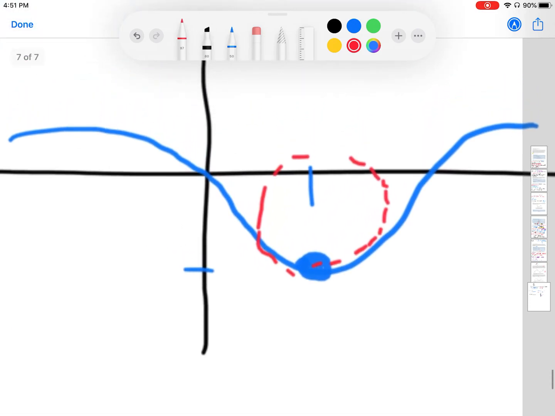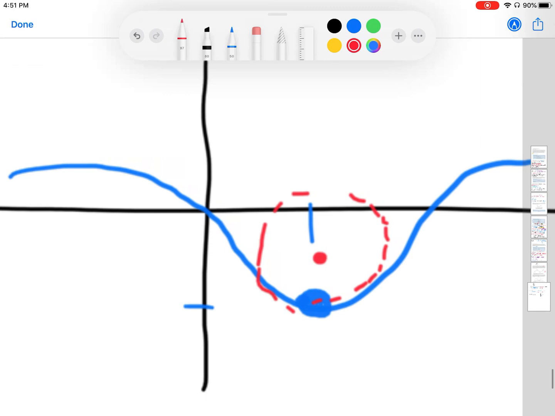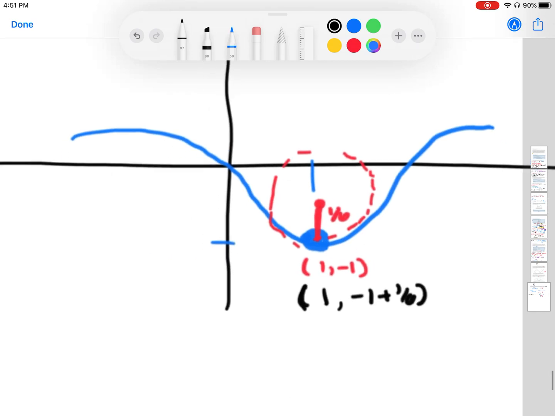So if I look closer, I have the point 1, negative 1. If I move up 1/6, meaning 1, and then negative 1 plus 1/6, that gives me my center.